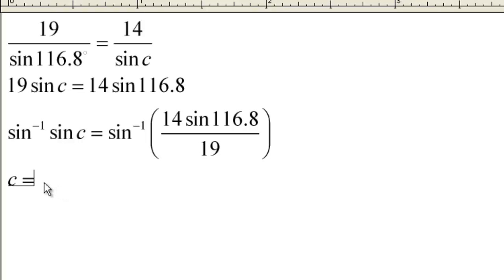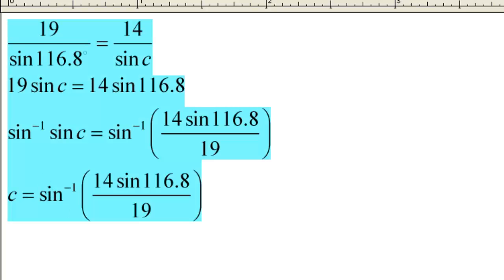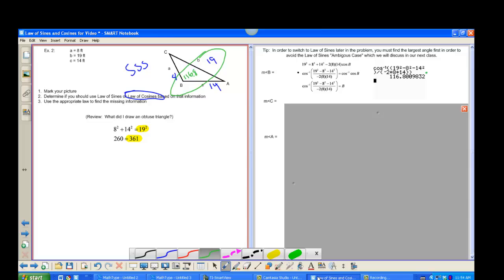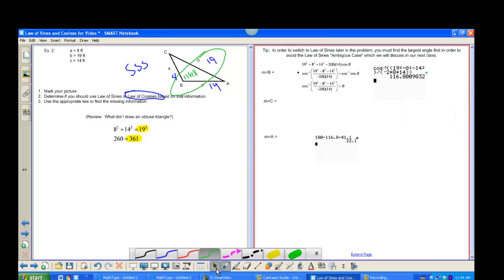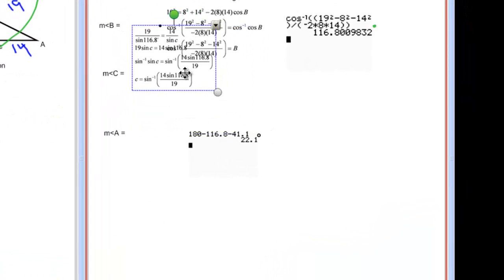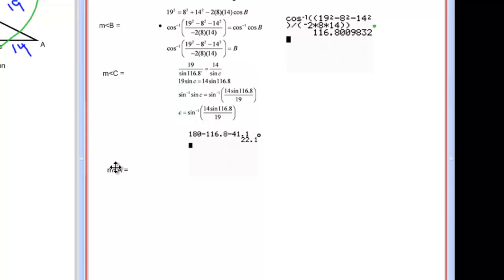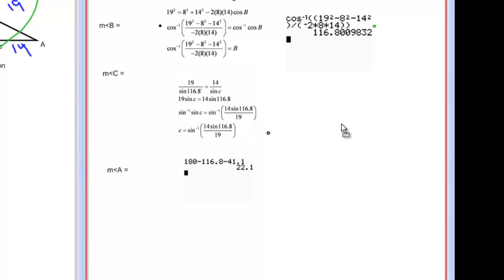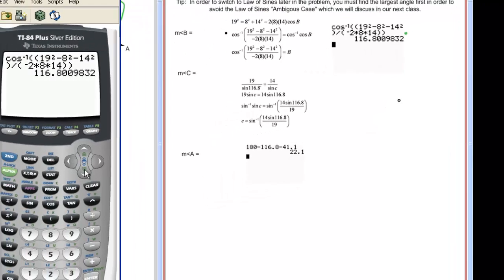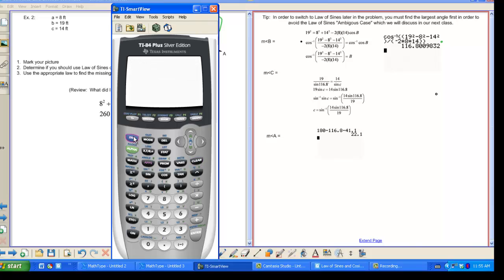So that means C is going to equal the inverse sine of this expression. Oh, there's my degree symbol. Okay, we'll put it over here.